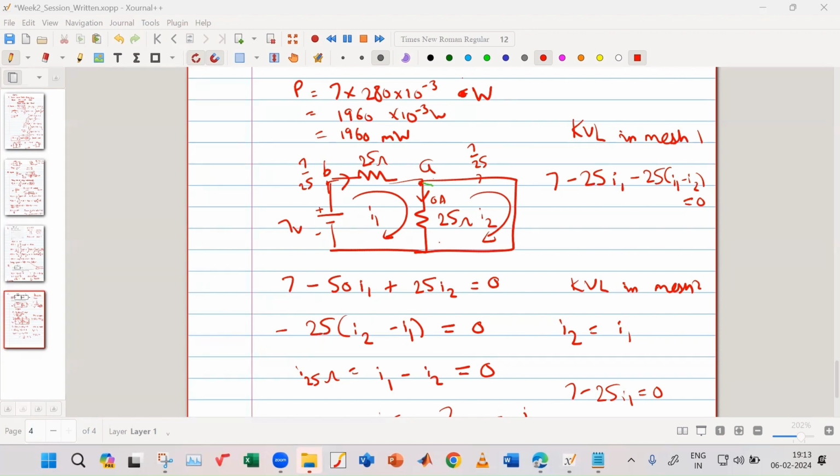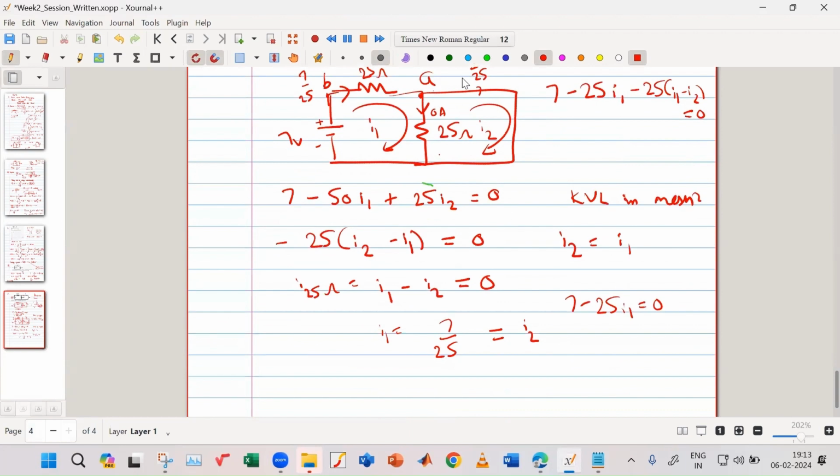Sir, what if it is not a steady state? If it is not in steady state, what will be your circuit?